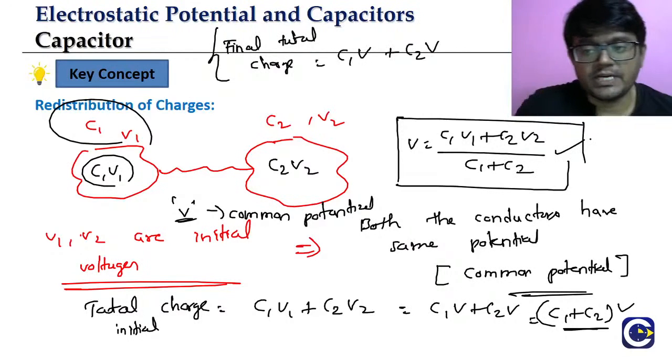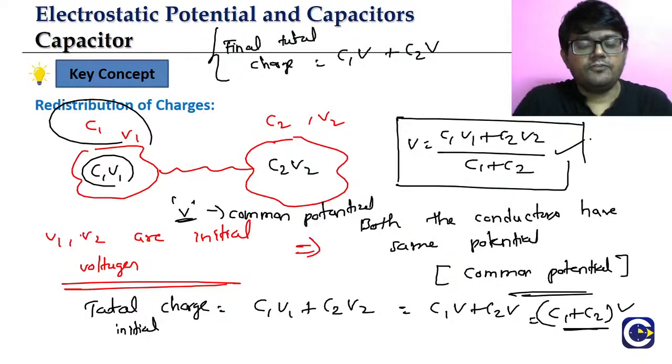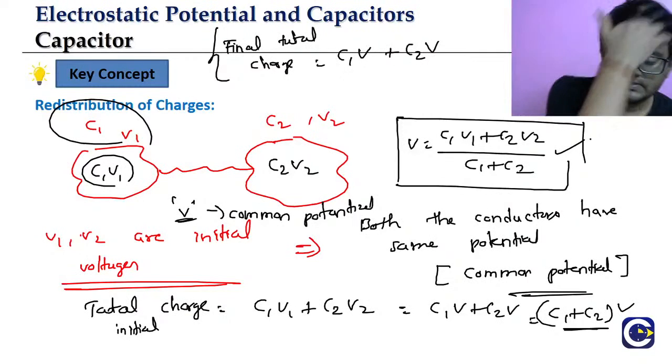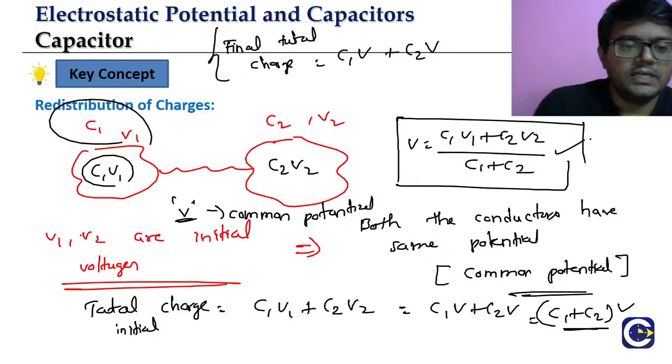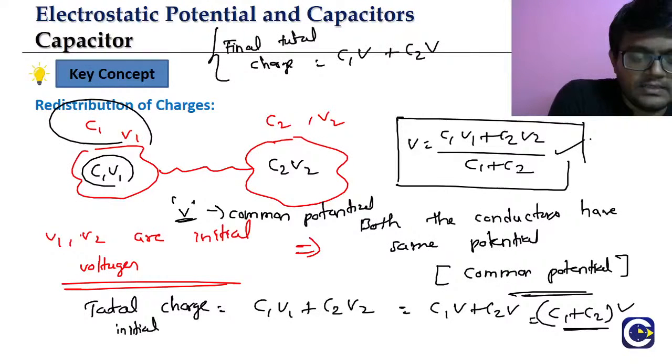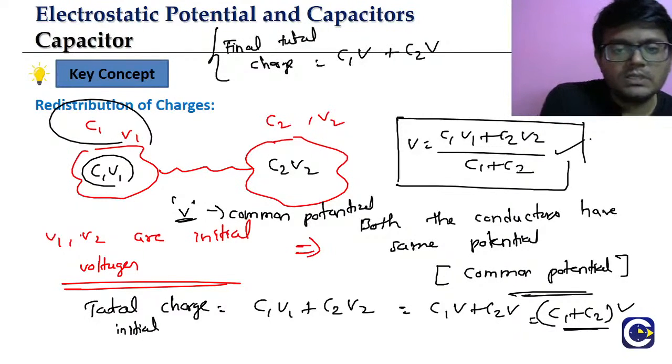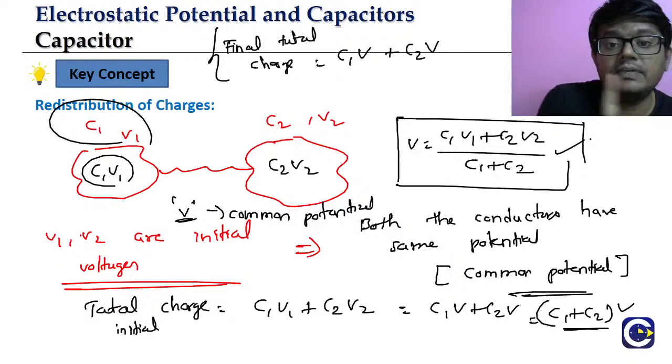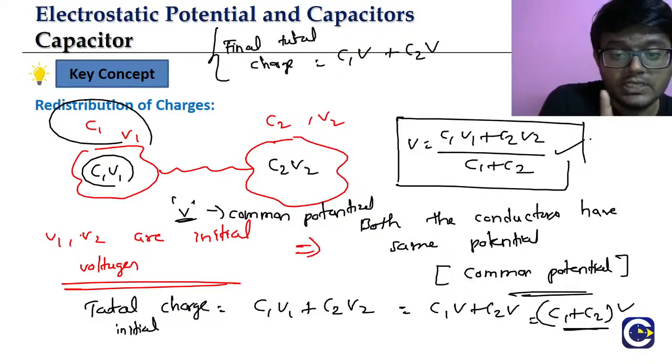So it's a very important result. If you are connecting two conductors with initial capacitance C1 and C2, and the potentials are V1 and V2, when you connect both of them, charge redistribution is going to happen till both the conductors have the same potential. And the potential value we are calling the common potential.